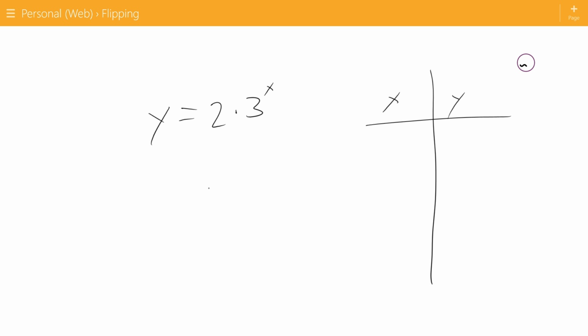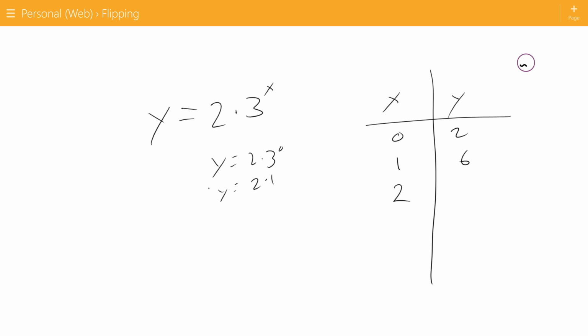If I plug in 0, then I've basically got y equals 2 times 3 to the 0, and anything to the 0 is just 1, so y equals 2 times 1, I get 2. If I plug in 1, I'm going to get 6, because 2 times 3 to the 1, in other words, 2 times 3 equals 6.